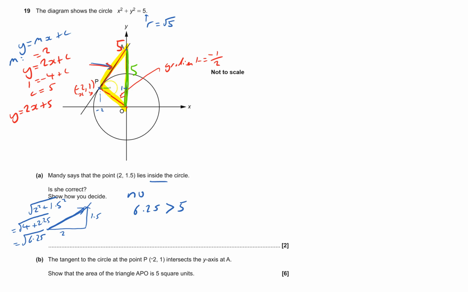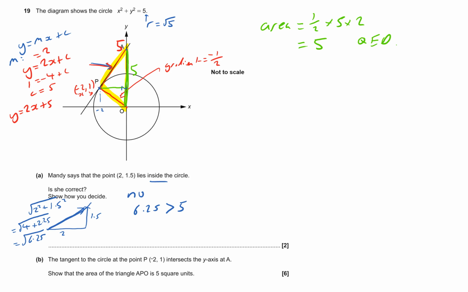All I need to do is work out that distance, and I know that distance there is 2, so the area equals 1/2 the base, which is this 5, times the height of my triangle, which is 2, which equals 1/2 of 5 times 2, that's 10. That's 5. QED.